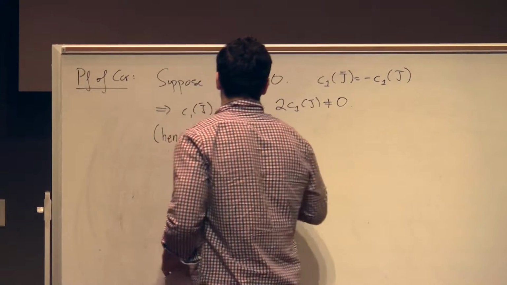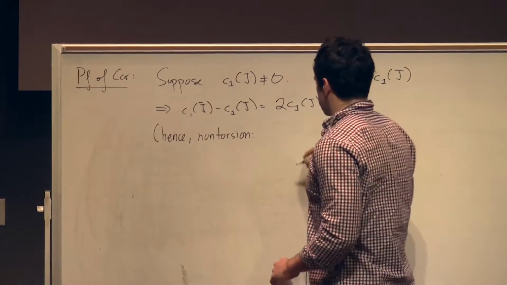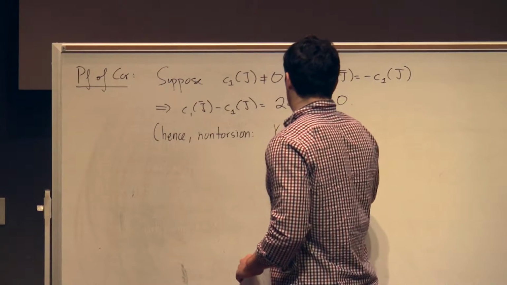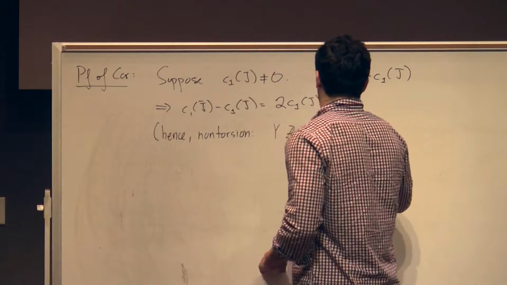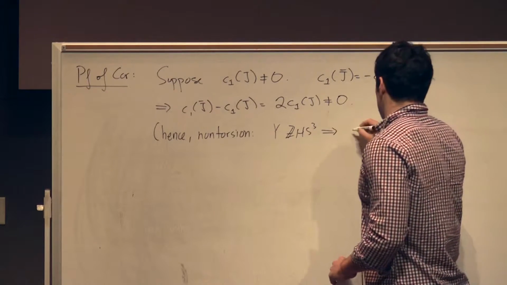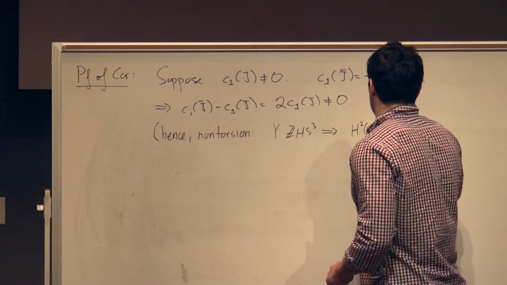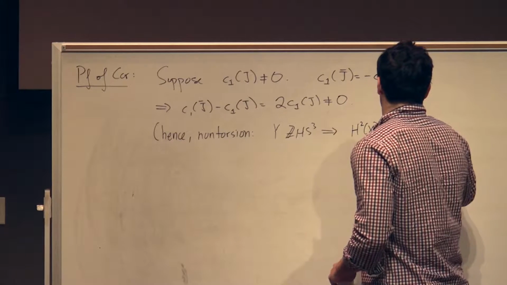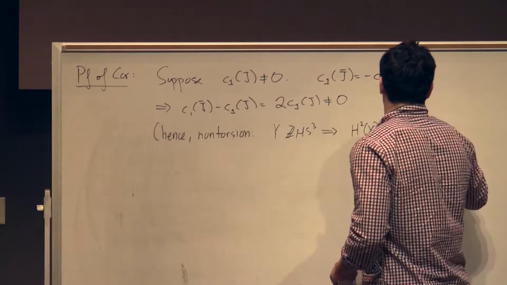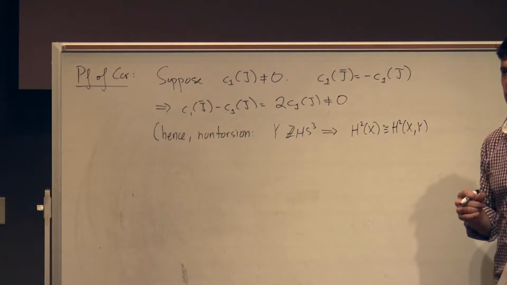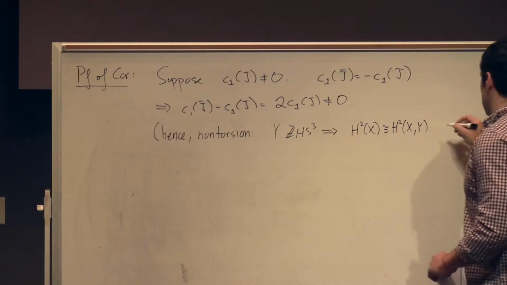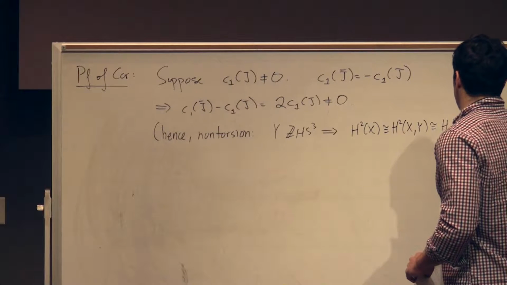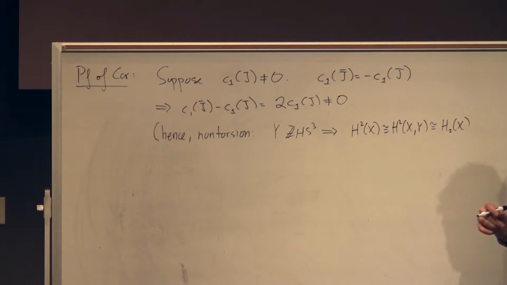And the way you see that is, the fact that Y is an integer homology 3-sphere implies that H upper 2 of X is isomorphic to H upper 2 of X rel Y, just thinking about the long exact sequence of the pair. And then we know that this is isomorphic to H lower 2 of X by Poincaré duality.